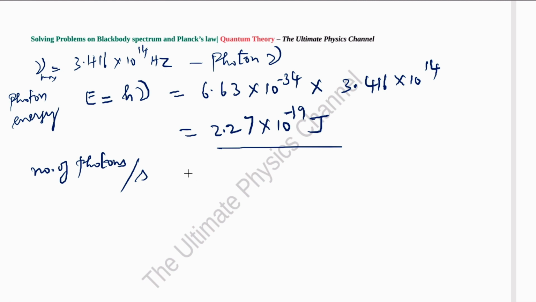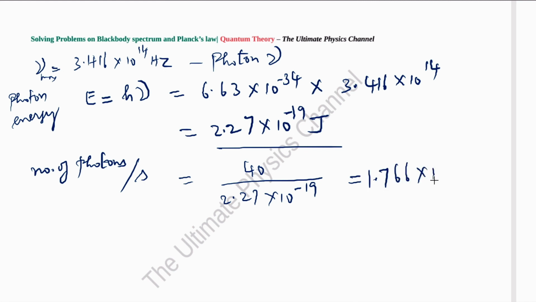So the number of photons per second is directly calculated as the total energy, which is 40 joules emitted per second, over the energy of a photon, which is 2.27 into 10 power minus 19. Right? This turns out to be 1.766 into 10 power 20 photons every second.